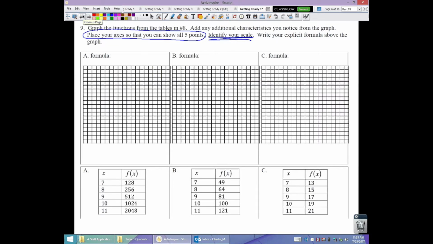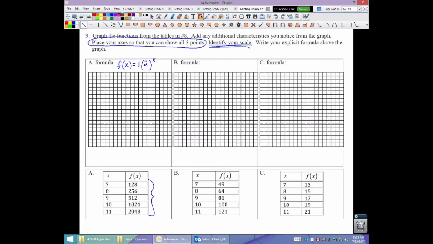Like this table for A, which was an exponential one, the formula was f of x equals 1 times 2 to the x. So if I need to plot these 5 points on the graph, what I'm really practicing is identifying a scale that will work.